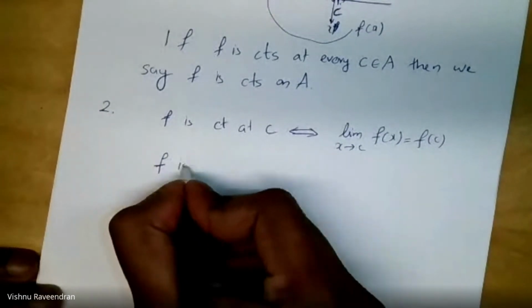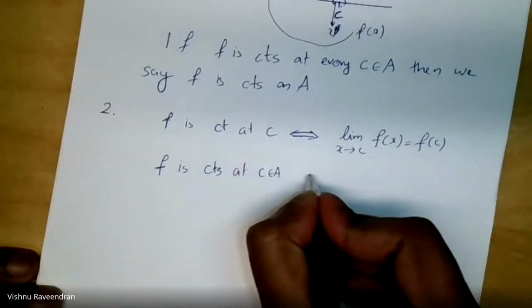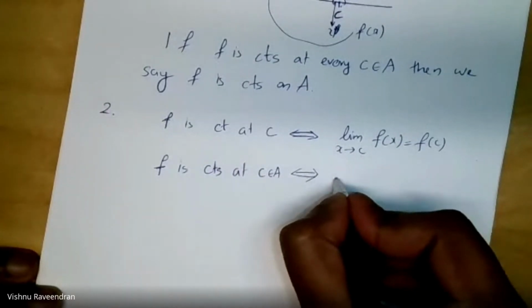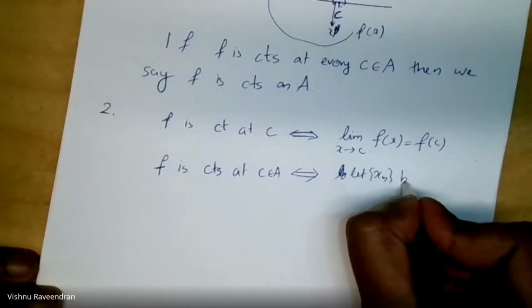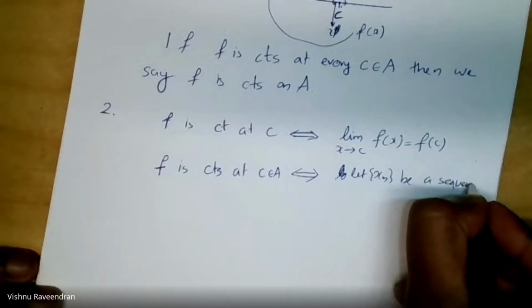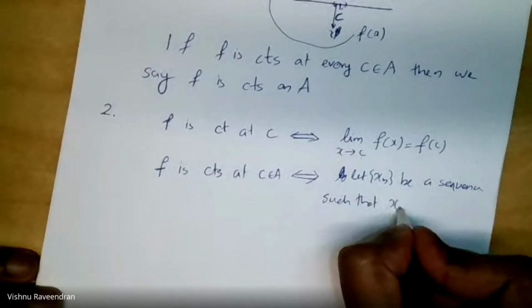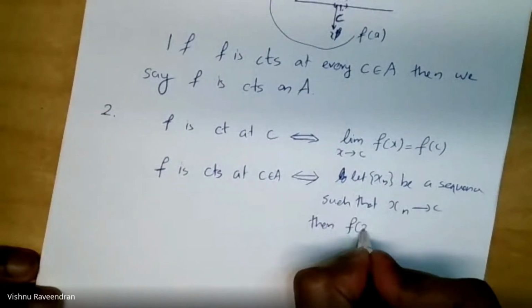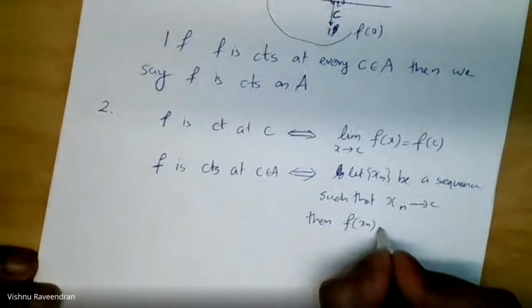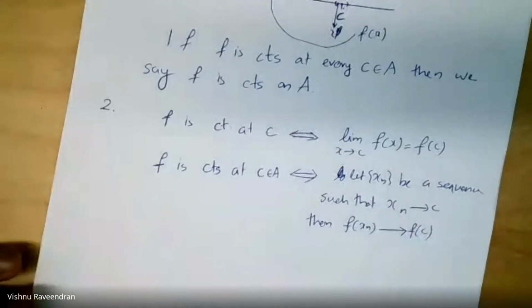We say f is continuous at a point C if and only if, for any sequence x_n such that x_n converges to C, the sequence f(x_n) also converges to f(C). If we have any of these conditions, we can say f is continuous.